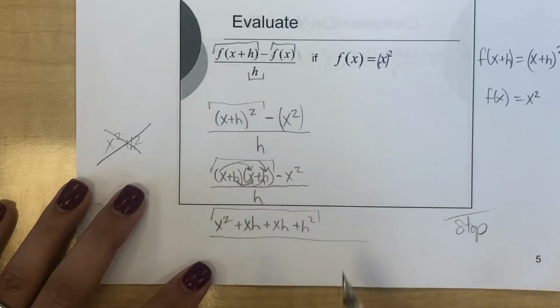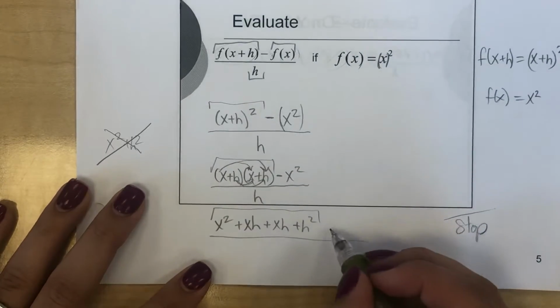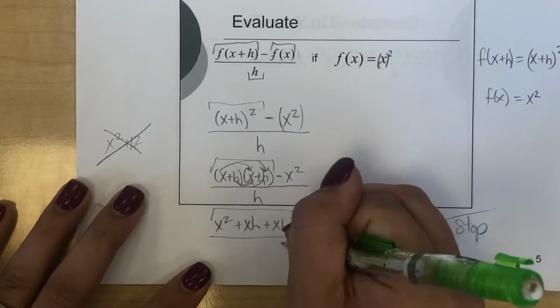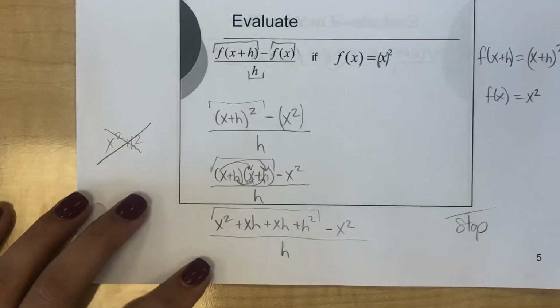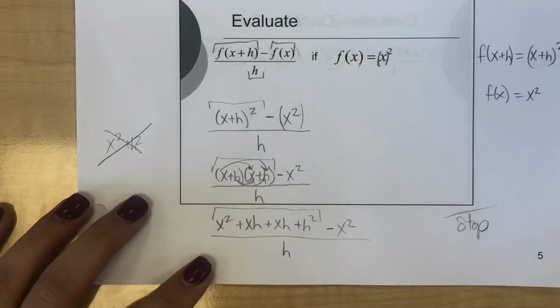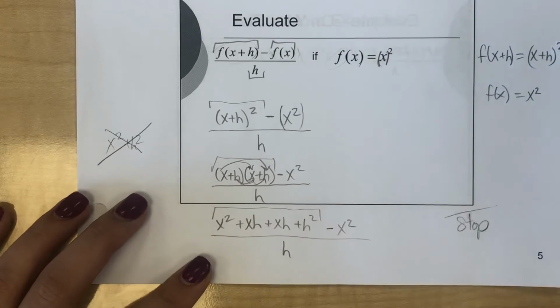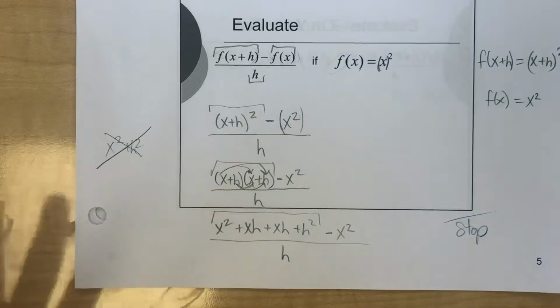If I'm still keeping track of my buckets, that's that. And then my second term is just still x squared all over h. So I want you to please simplify that on your own. Go ahead. Simplify it fully, well, as much as you can.